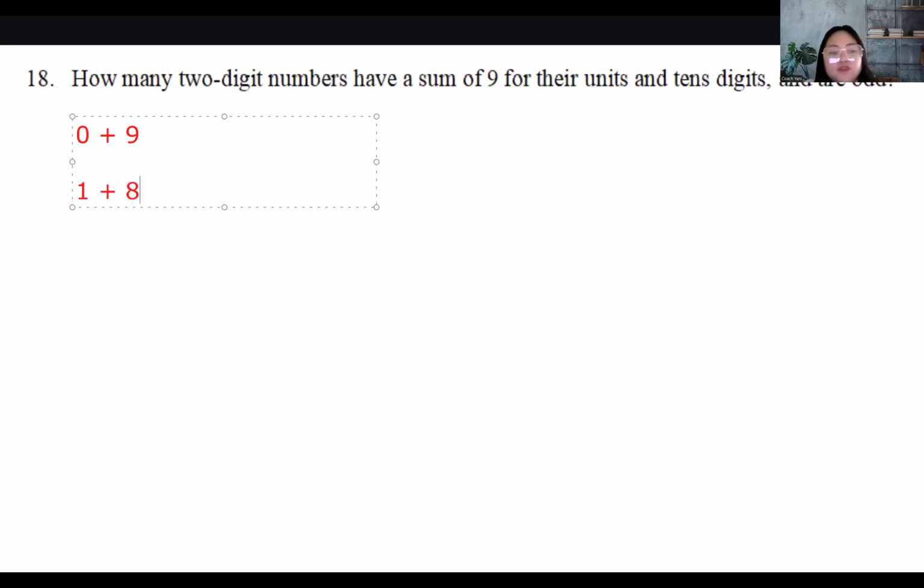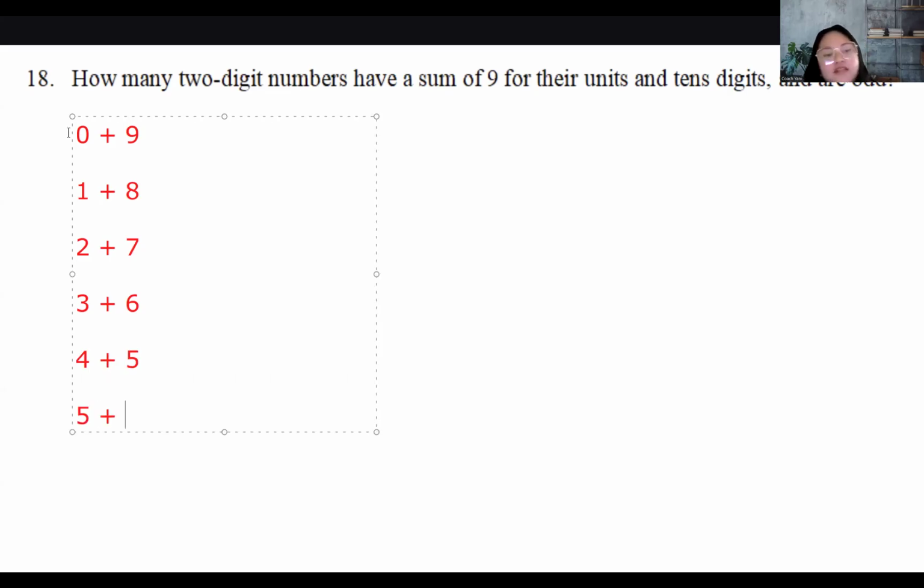You could also have 2 and 7, 3 and 6. See what I'm doing? I'm just counting 1, 2, 3, 4, 5, 6, and then just pairing them up with their pairs. That would give 9. And I could have 4 and 5. So the next one would be 5 and 4. That is just the same as 4 plus 5. So I just stop at 4 plus 5 because it's just repeating.